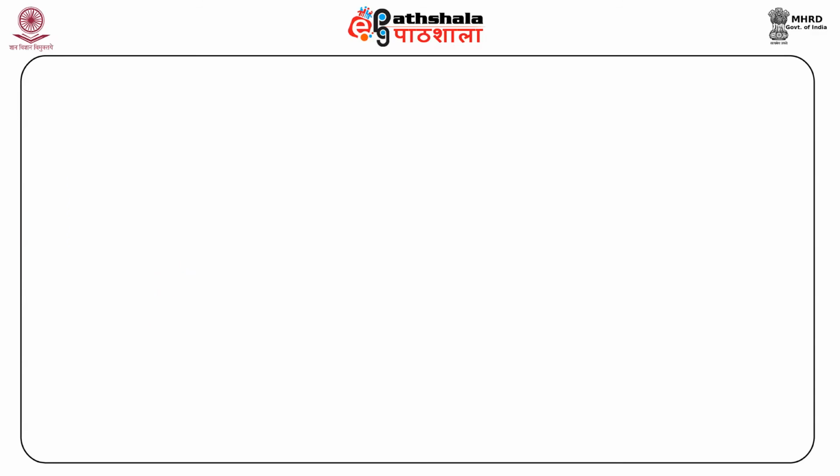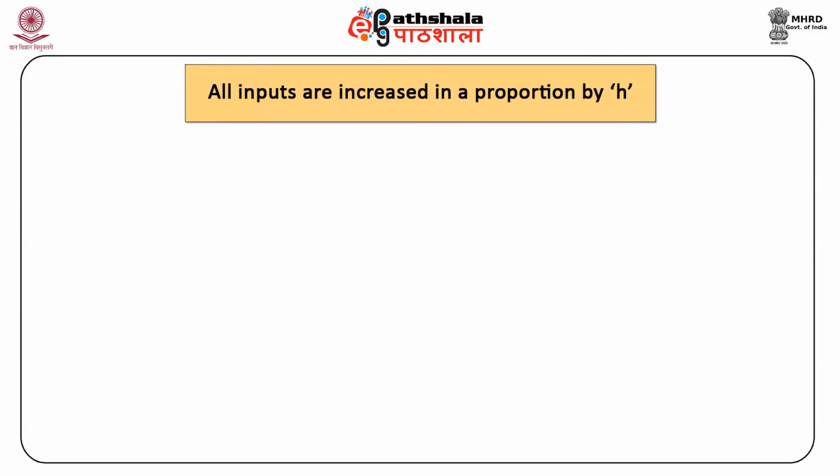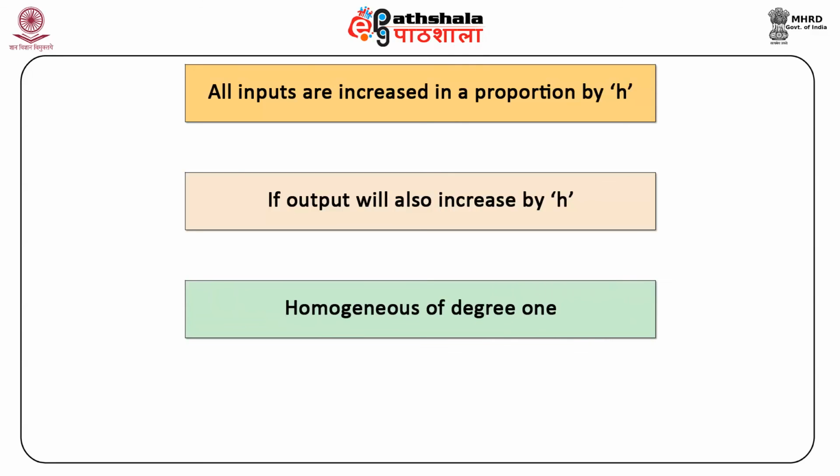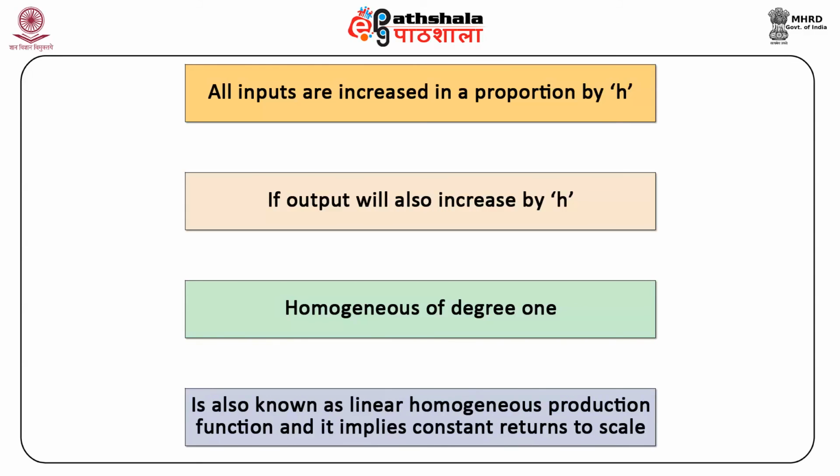For instance, if all the inputs are increased in a proportion by h and the output also increases by h, then the production function is said to be homogeneous of degree 1. This is also known as linear homogeneous production function, and it implies constant returns to scale.